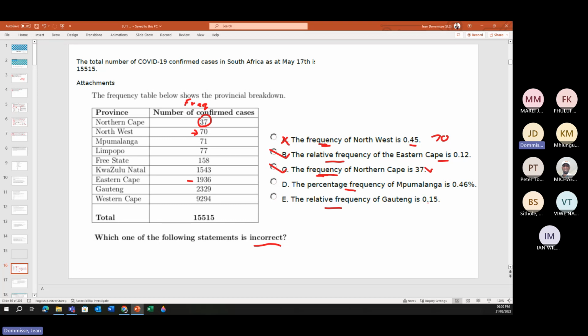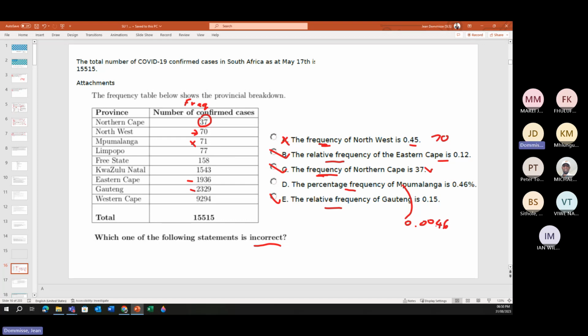Relative frequency of Gauteng: 2329 divided by 15515 gives you the relative frequency. For the percentage frequency, we look at Mpumalanga, which is 71. We divide it by 15515, and then we get 0,0045 or 46.